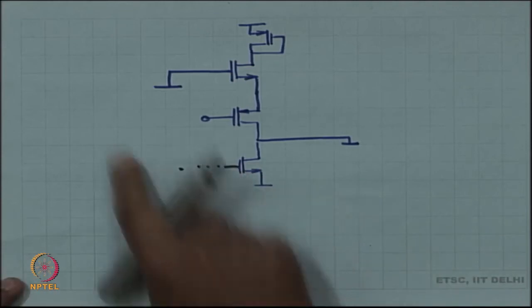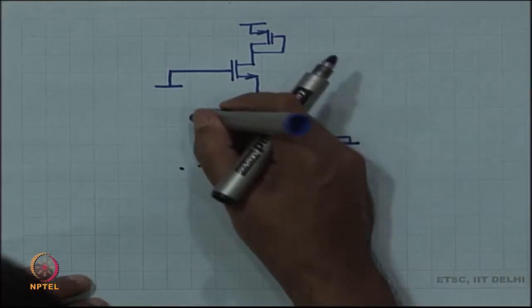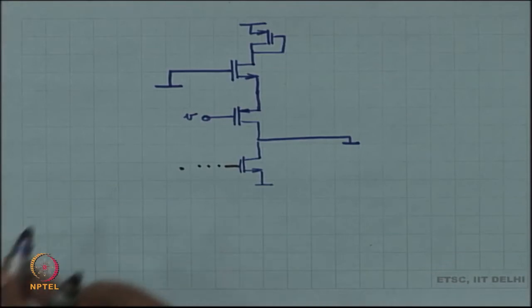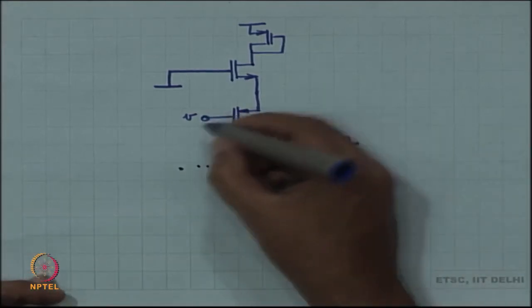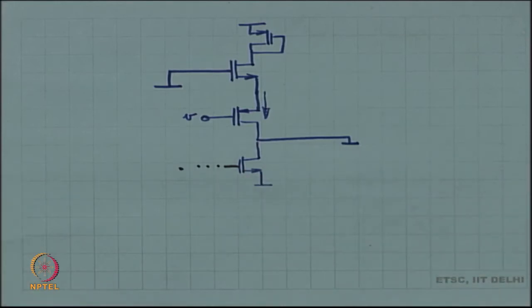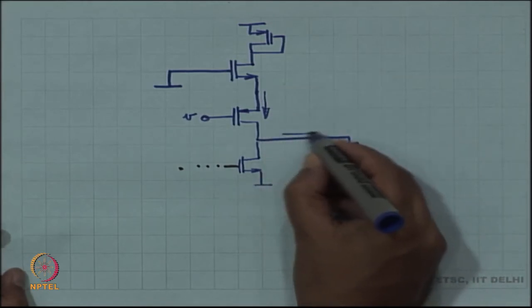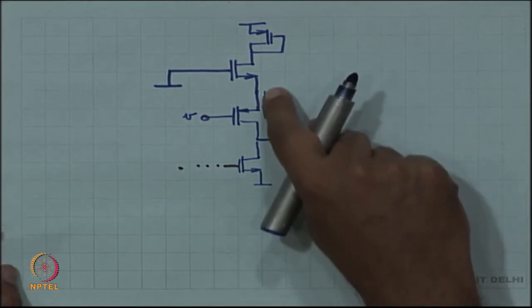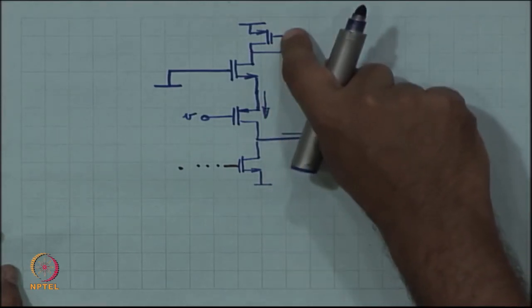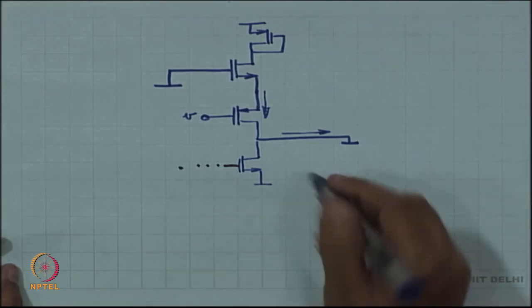So, this gate is actually hooked back over here, all right. Now, what we have done is we have applied V, and V is going to create some current over here. Let us not worry about what that value is. That current is certainly going to go through the short circuit, but this current is going to create a voltage. The same voltage is applied here.